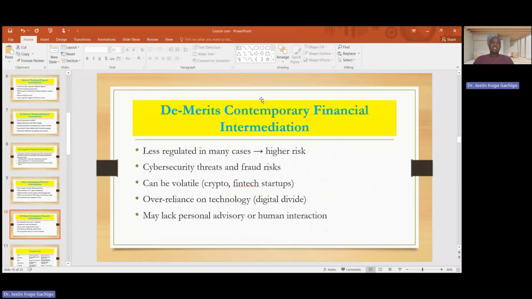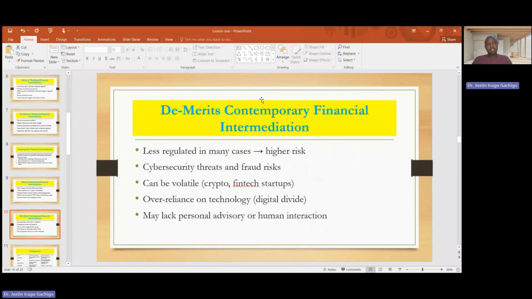Now, this contemporary financial intermediation also has some risks or demerits. One, less regulated, and in many cases, higher risk. These are not regulated, although currently the Central Bank of Kenya is making an effort to have all the fintechs regulated, and I think the process is almost complete. So this one will be overtaken by events.